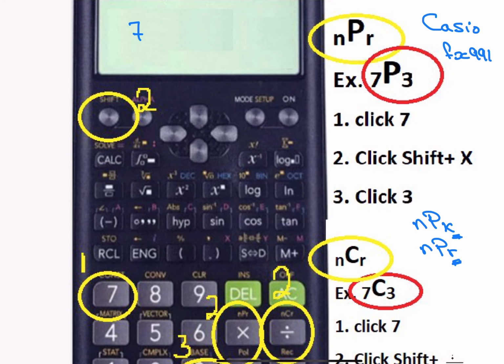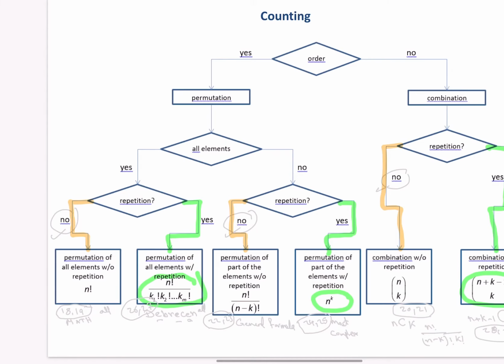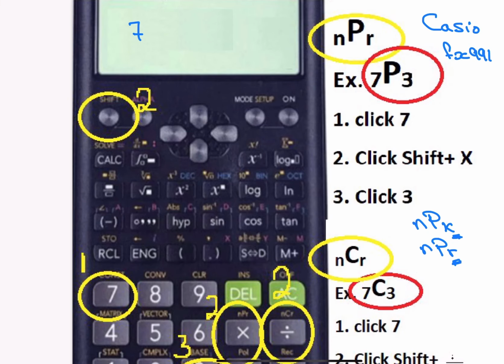Then when you click shift and NPR, it will write P, and then you click on 3, it will write 3. When you click equals, you go down and click enter, you will get the answer.